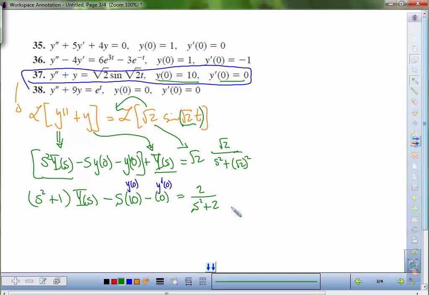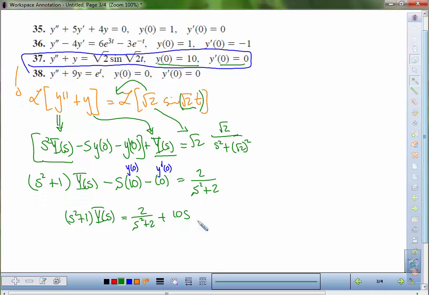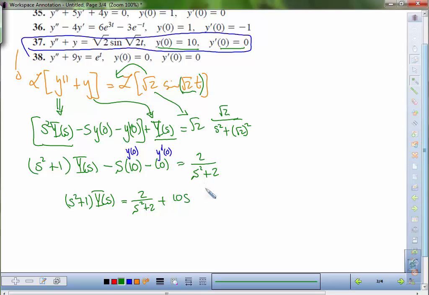All right, so I think we need to bring this 10s over to the other side first, and then divide. So we got s squared plus 1 y of s is equal to 2 over s squared plus 2. Negative 10s becomes a positive 10s. What should we do? We probably should combine these two fractions into one fraction.